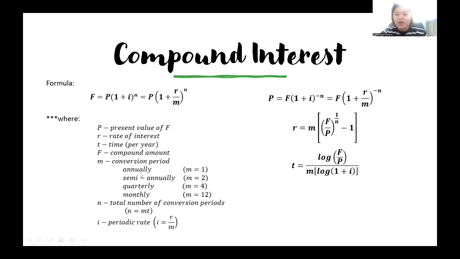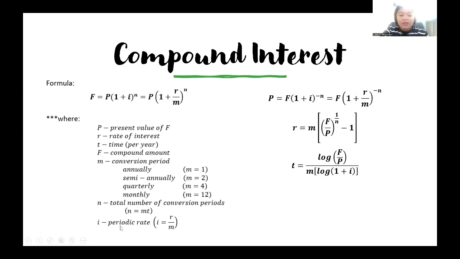We have annually, every year; semi-annually, after 6 months; quarterly, every 3 months; or monthly. N is the total number of conversion periods, or basically M times T.